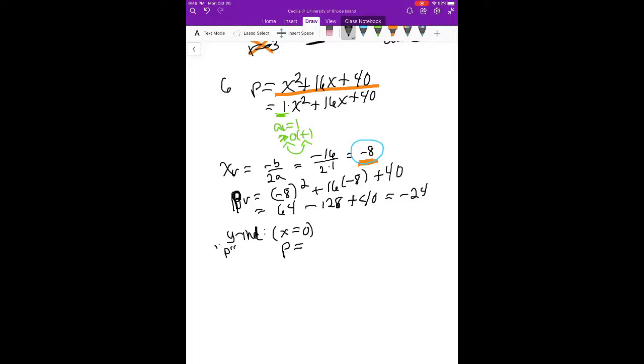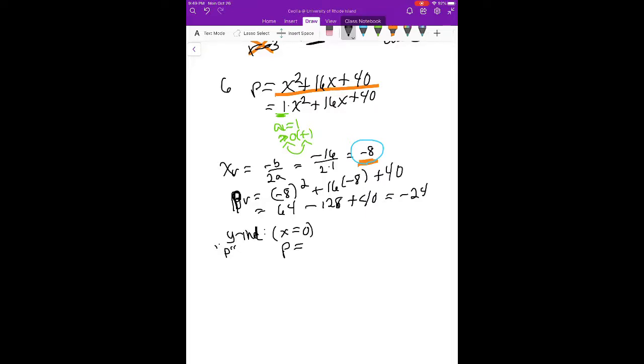So this is the price when there's no quantities, the lowest price before anybody is willing to sell this product. So we'll see what that means more in a second.